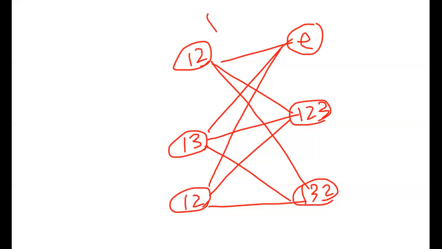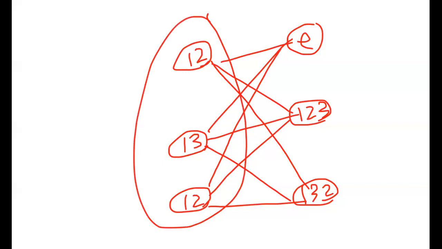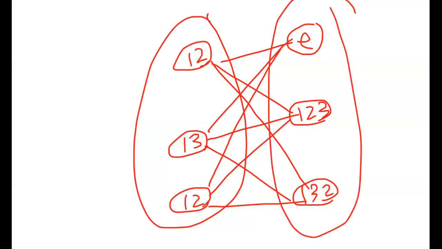We have 2 parts, the odd permutations and the even permutations, and anything on the right, which is even, is connected to anything on the left. But nothing on the right is connected to anything else on the right. So now our question reduces to: we want a path in this graph.